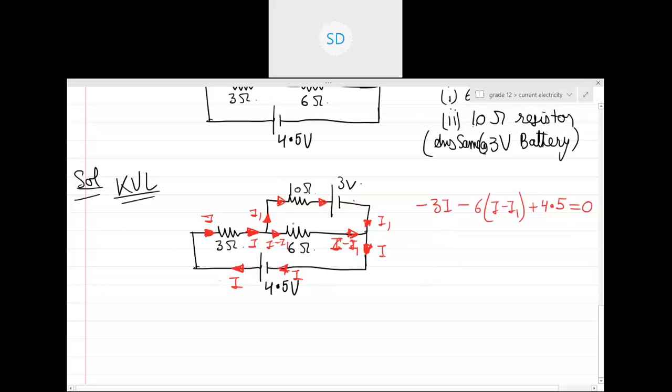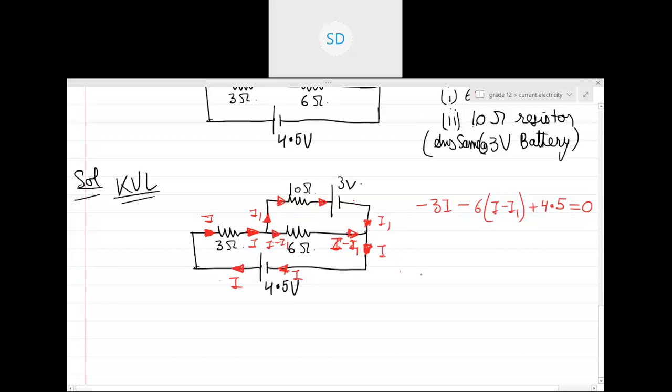Now the second equation, in the upper loop. In the upper loop we are moving clockwise.